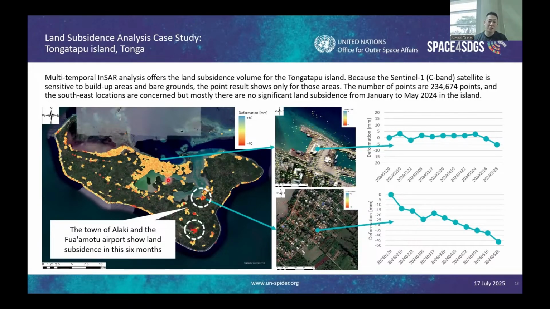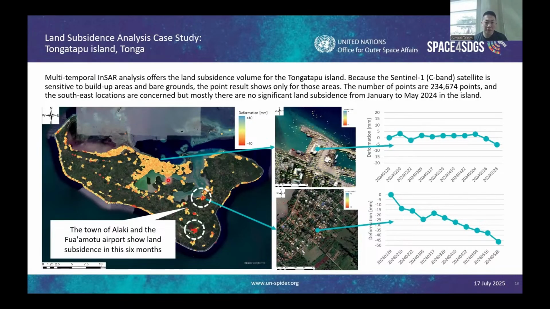This is not a significantly land-subsidence-affected country or island, but based on their request, I tried to do the analysis using Sentinel-1 data. For this analysis, I used GAMMA Remote Sensing. In other words, I used IPTA technology for multi-temporal InSAR analysis.